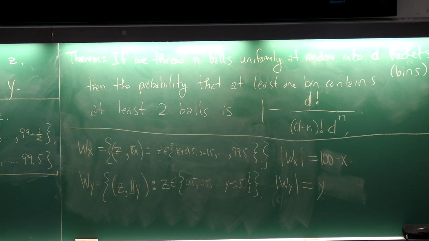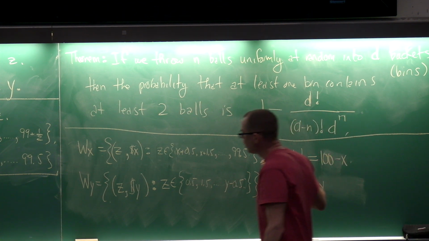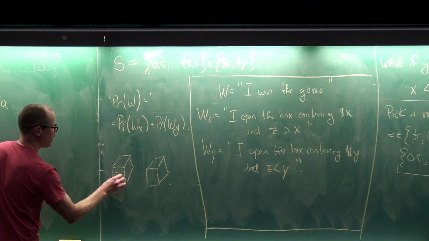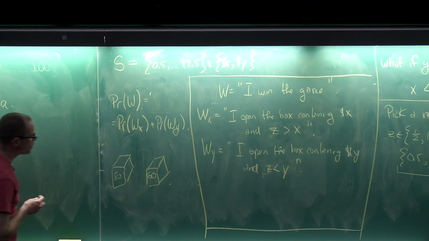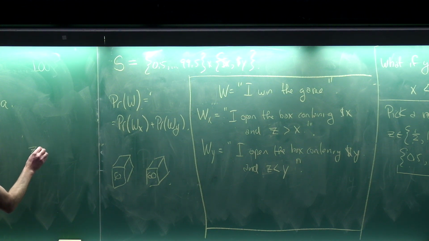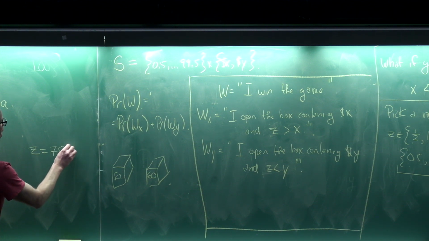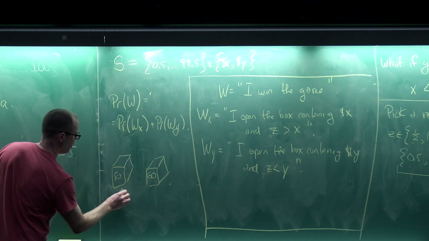Now for sure it's not clear because I've just completely inverted everything, but let's just check. Let's say I put $50 in here, $60 in here, you pick your value z, and the value z is equal to 75.5, and you open up this box.